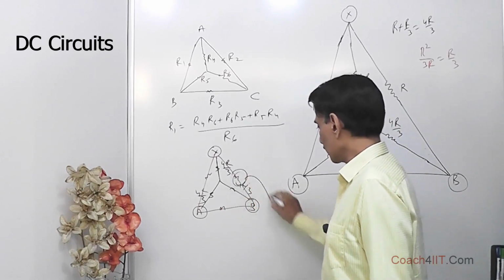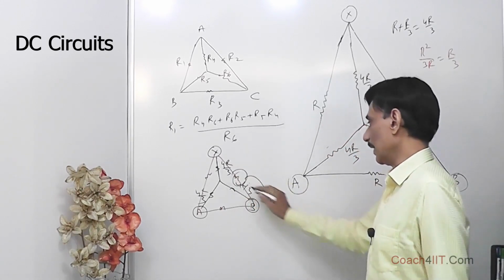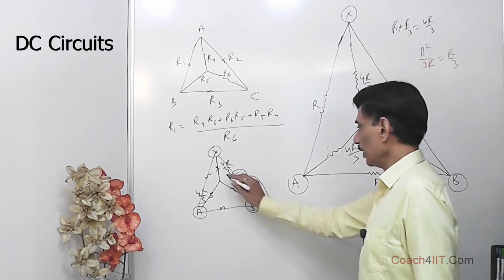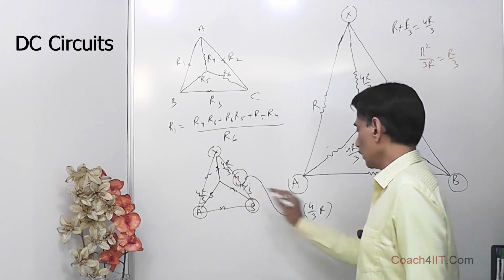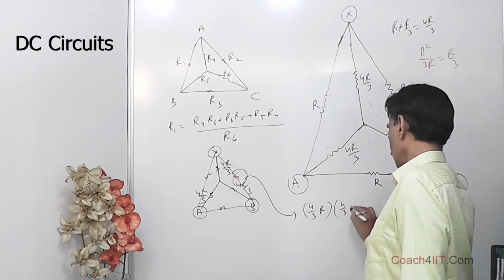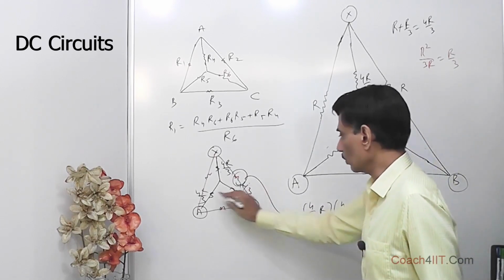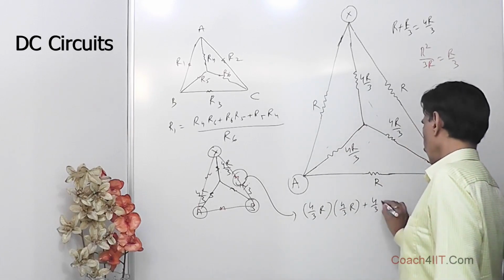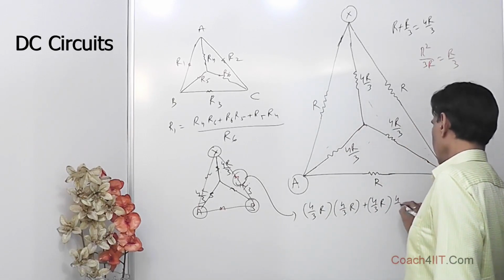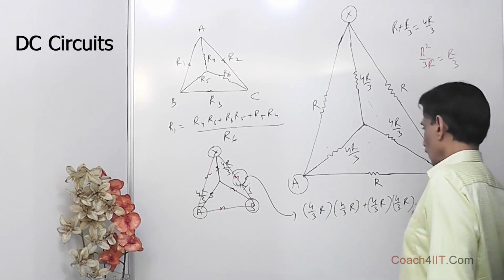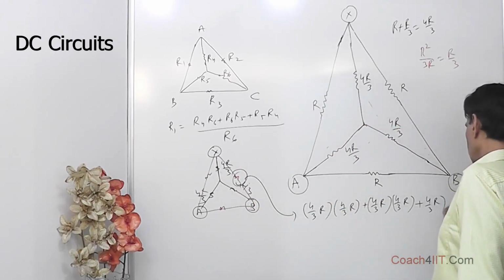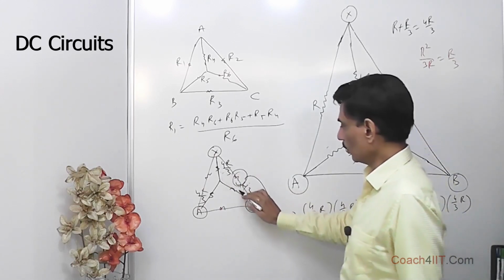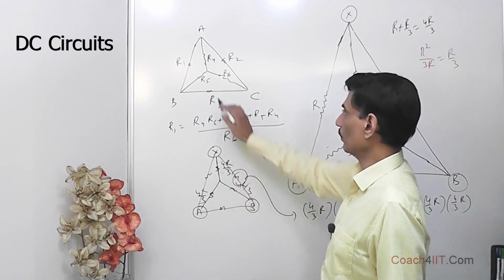So if we find the value of one side, it is going to be 4 by 3R into 4 by 3R, plus this into this, plus this into this, that is what we have done.